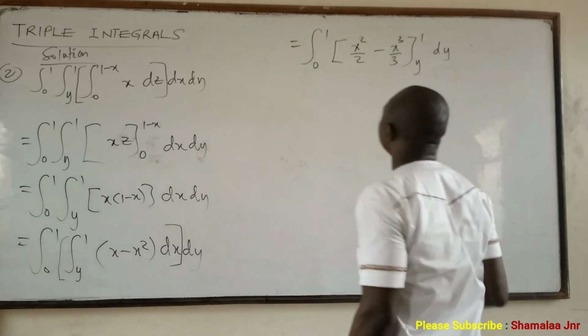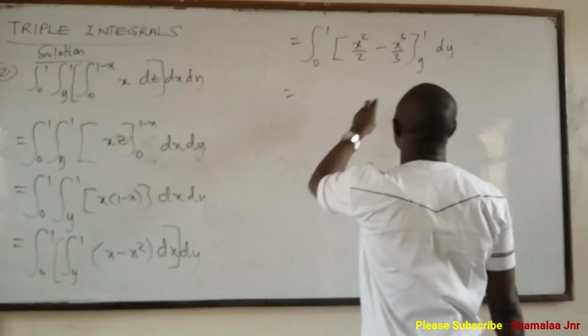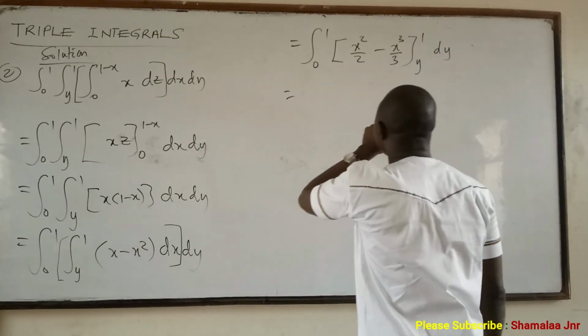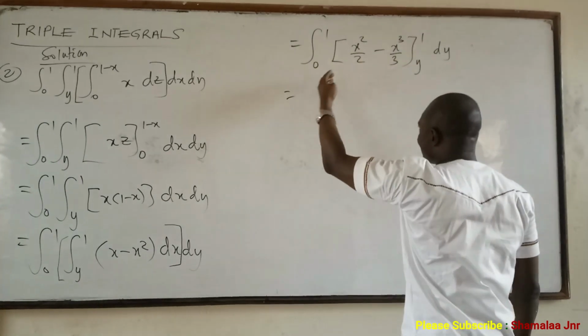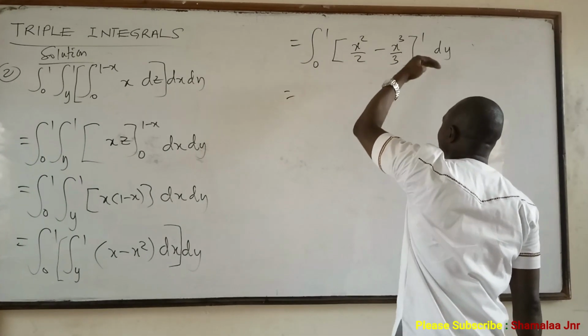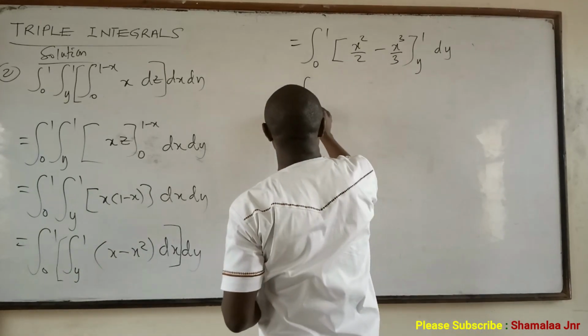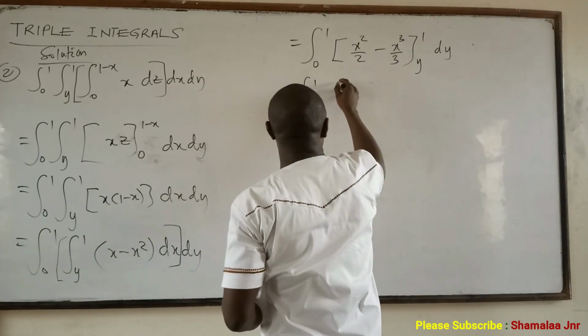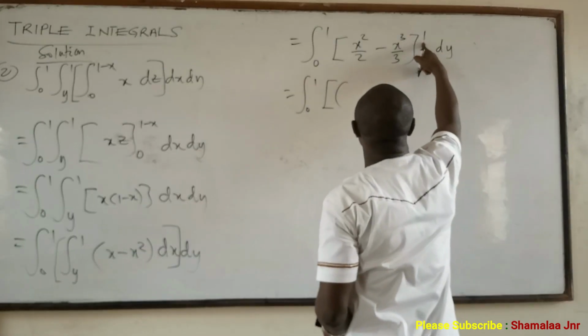dy. What this means is that because you integrated with respect to x, wherever you see x, you should write 1, and then wherever you see x, you should write y and subtract. So this one is going to be the integral from 0 to 1 of, when you see x, write 1.